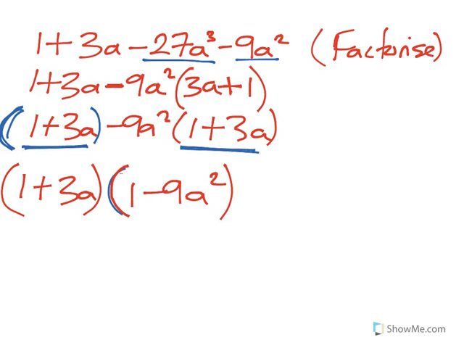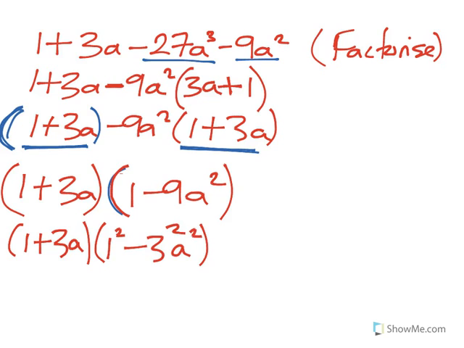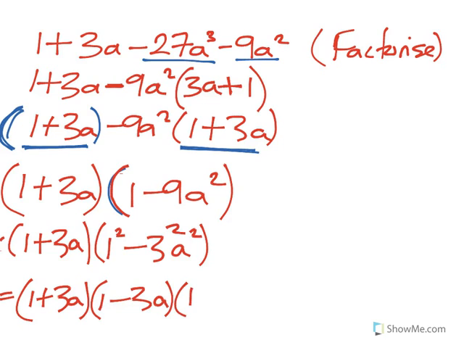Now if you continue, you have 1 plus 3a. This second one is a difference of 2 squares if you can recognize it, because this is like 1 squared minus 3 squared a squared. Remember the difference of 2 squares: you take the first one, 1 minus 3a, and 1 plus 3a.